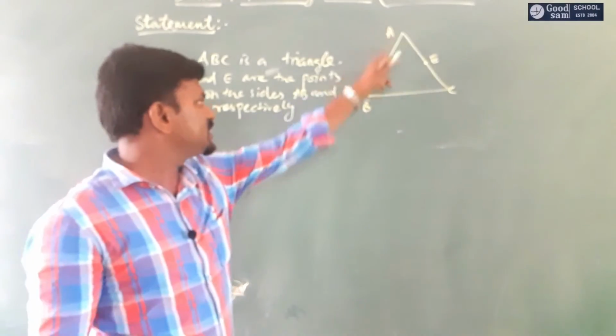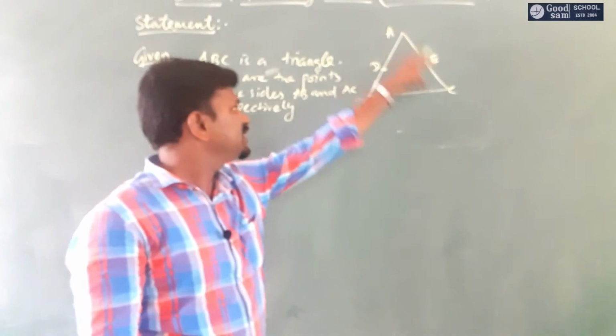D is on the side AB, E is on the side AC.